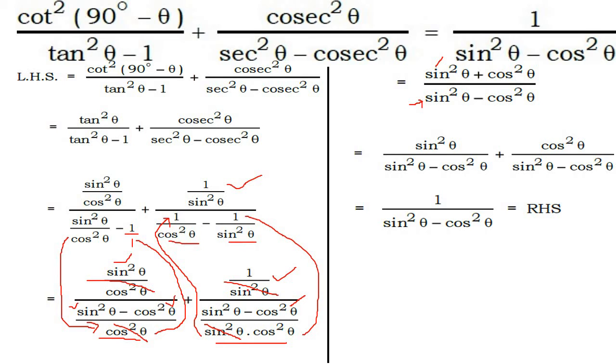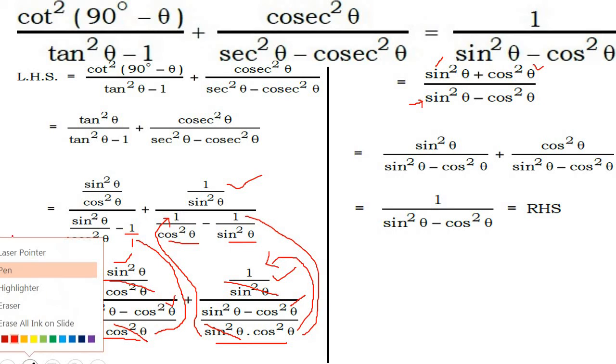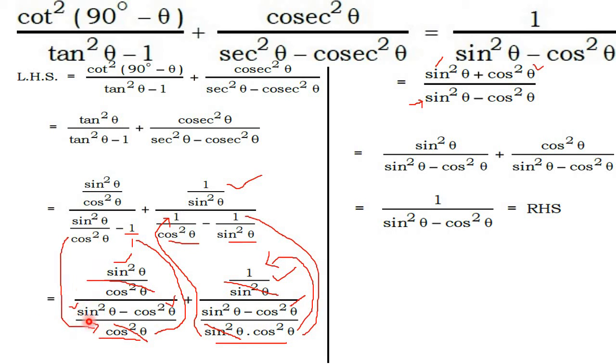Similarly, here sin square theta gets cancelled, and this cos square theta goes to the numerator. It becomes plus cos square theta, divided by (sin square theta minus cos square theta). Here (sin square theta minus cos square theta) is common. The remaining term is only sin square theta.